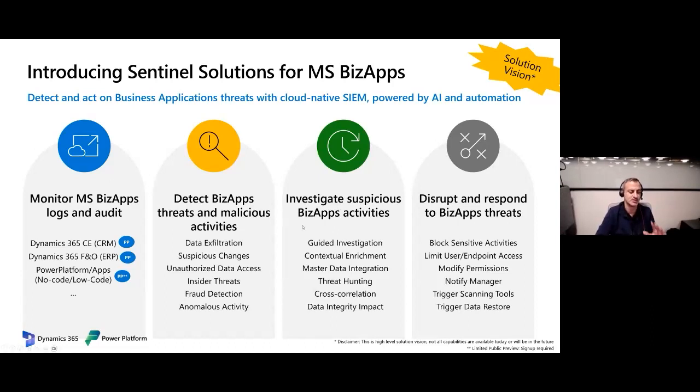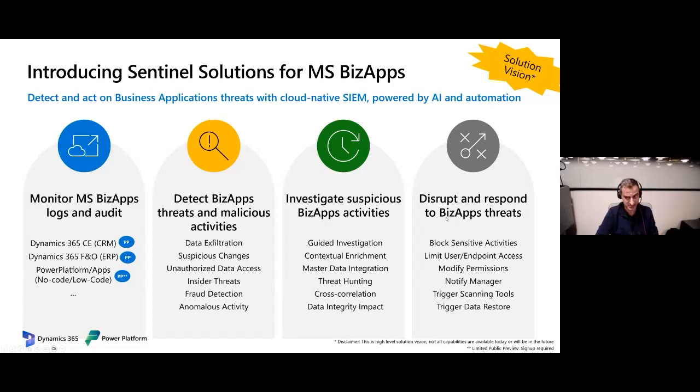The next pillar is the investigation of suspicious BizApps activities. It's not enough to just show the incident, show the detection. We want to allow analysts in the SOC to have the tools to investigate and understand those activities and those threats deeper. So, allowing things such as guided investigation, enriching the incidents with more context, threat hunting capabilities, cross-correlation between different data sources, and so on.